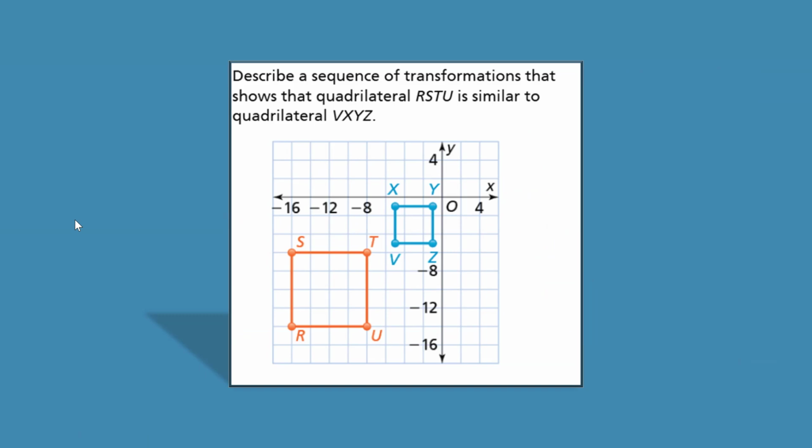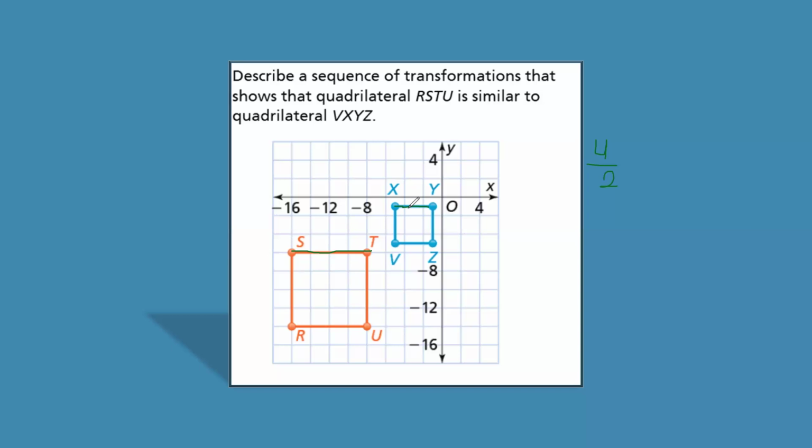Let's check. I will count. See, 1, 2, 3, 4 units over 1, 2. Yes, because this is half and half, and this is 1. So over 2.